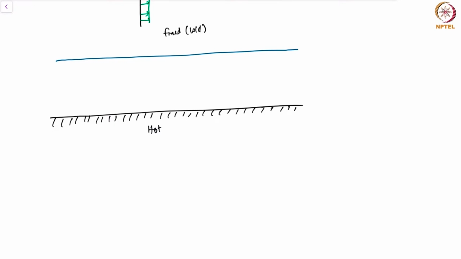Let us consider a situation where the temperature in the middle is slightly on the lower side, and the temperature fluctuation delta T is slightly higher on both sides. Now immediately what this would do is drive a motion because of surface tension variations.